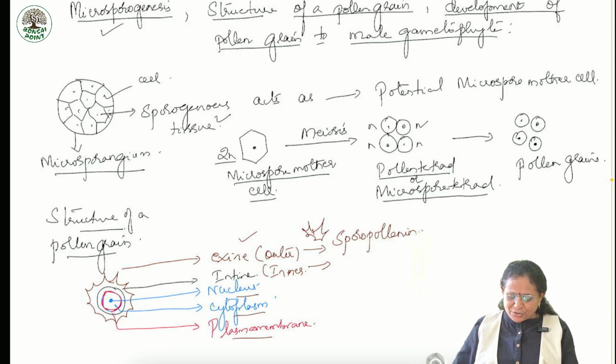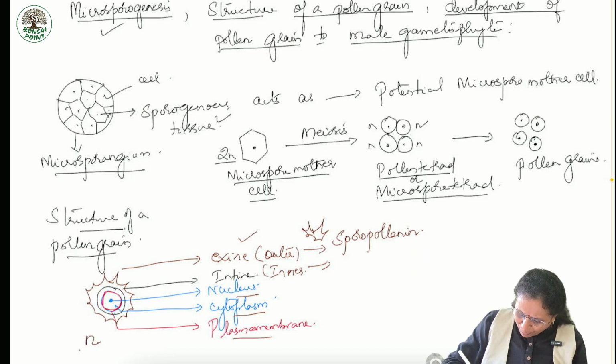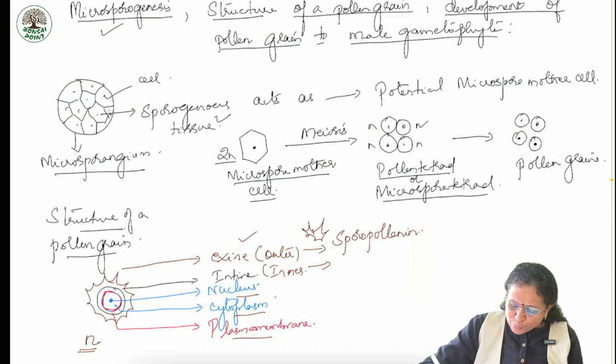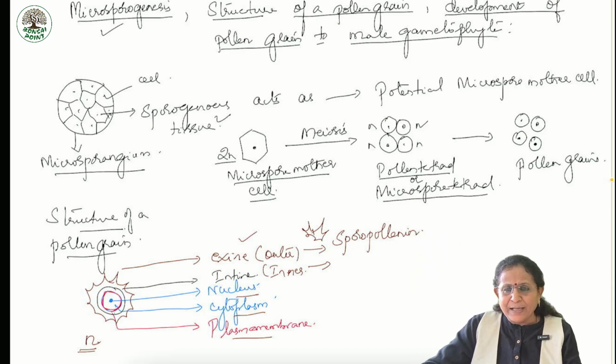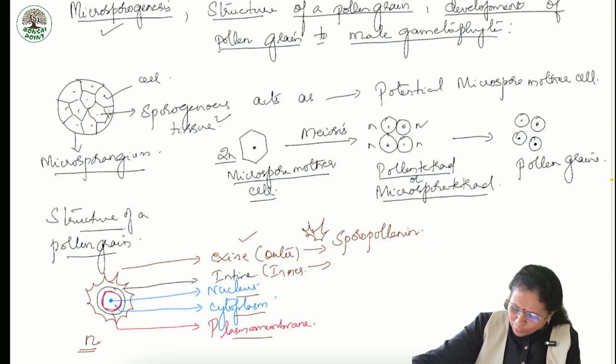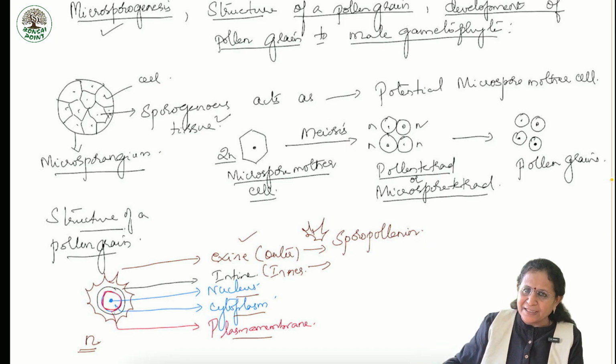So this is the structure of a pollen grain, and please remember it is haploid because the microspore mother cell has already undergone meiosis. Is it clear? Let us see the details of the sporopollenin and the other details. Yes students, before passing on to the other details of pollen grains, let me just recall for you microsporogenesis.